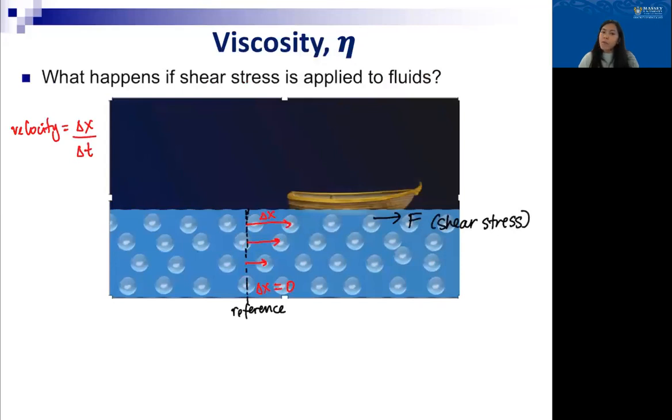Is it the particle at the top or the particle at the bottom? At the top, right? And hopefully you also saw that in the animation. The particle at the top moved fastest because it was closest to the shear force. It also had the biggest displacement, and therefore it will have the biggest velocity. And at the bottom, the particle was sort of at rest and did not move.